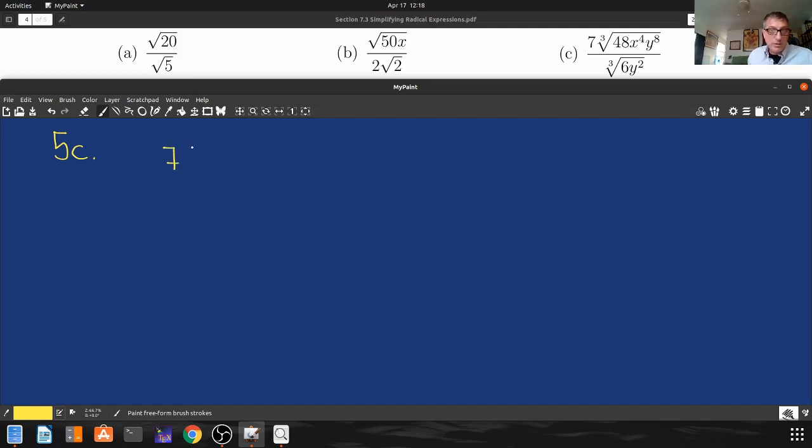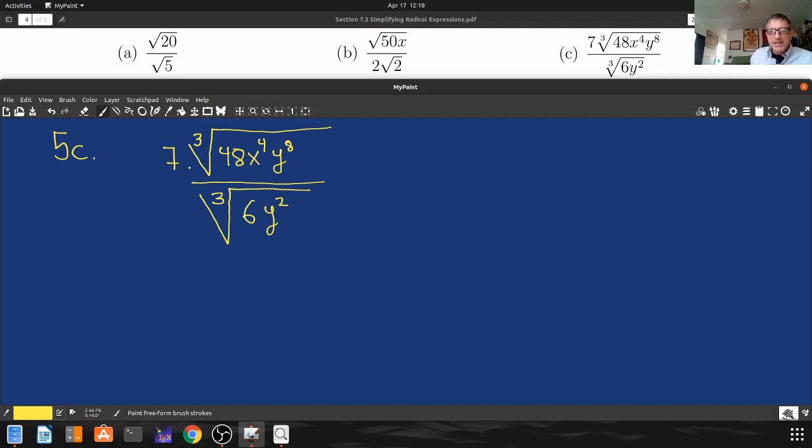So that's just a natural number times the cube root of 48x to the 4th y to the 8th over the cube root of 6y squared. So in this case, I think it's going to be easier. So remember that's 7 times this. If you need, you can put a 7 over 1 to make it a fraction.